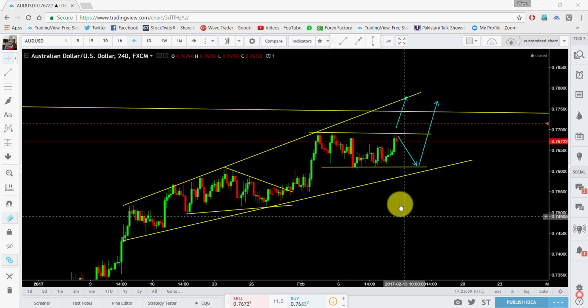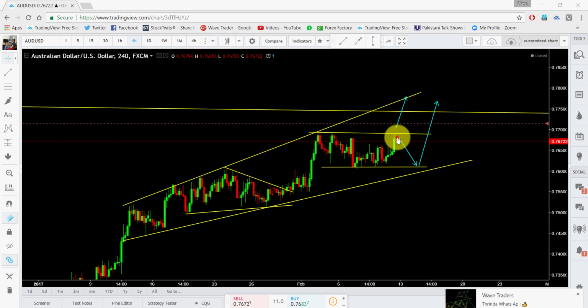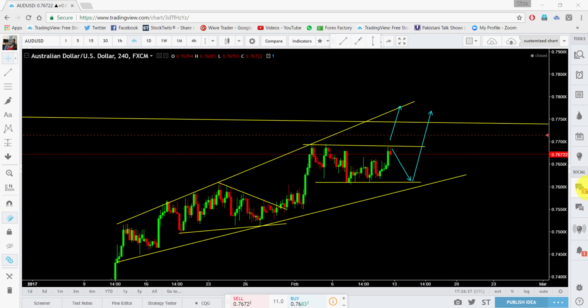For short term within the channel, this trade. So be careful when you are looking for a short-term trade here at this place. Short term within this channel, within this flat, this trade is going to be something like an aggressive trade. And for medium term and long term, to the downside.